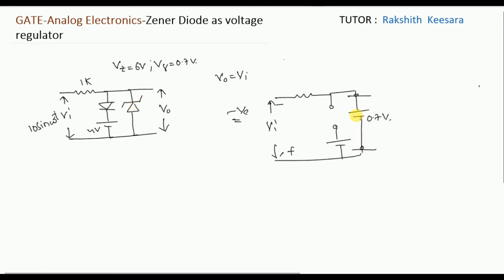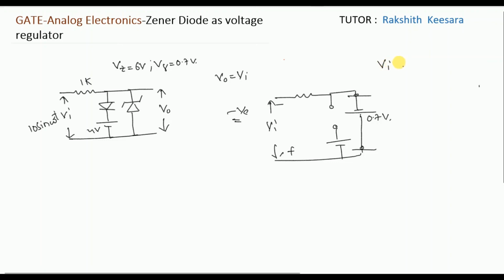Since it is in forward biased, sorry, this is wrong. It is in forward biased condition. So this is the equivalent circuit across the Zener diode. So now what will happen? Whenever V input is greater than 0.7 volt in the negative direction, then the Zener diode will be forward biased.